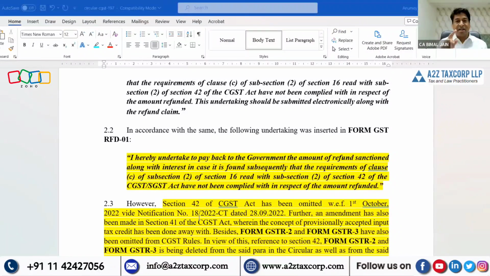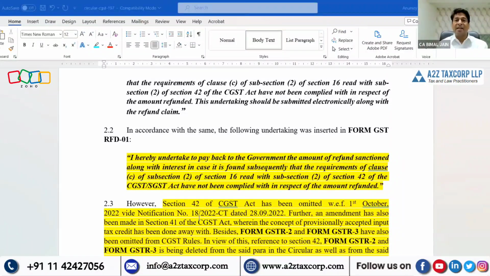is not met. Section 16 subsection 2 clause C is to ensure your supplier must have paid taxes either through e-cash ledger or through e-credit ledger. With subsection 2 of section 42, this was referring to the provisional credit concept. You know that initially there was a concept of GSTR 1 by supplier auto-populated in 2A of the recipient, who is going to file GSTR 2.